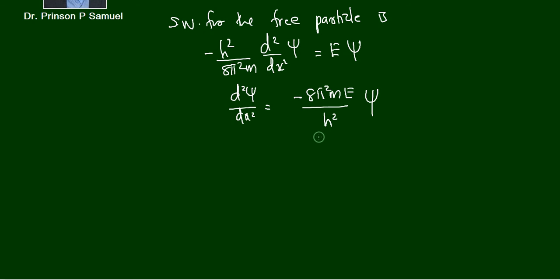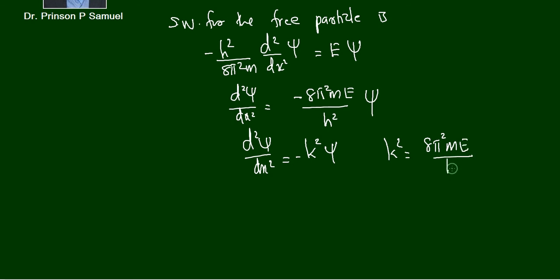Let me write it again: d square psi by dx square is equal to minus k square psi, where k square is equal to 8 pi square m E divided by h square. This is very important: k square is equal to 8 pi square m E by h square.